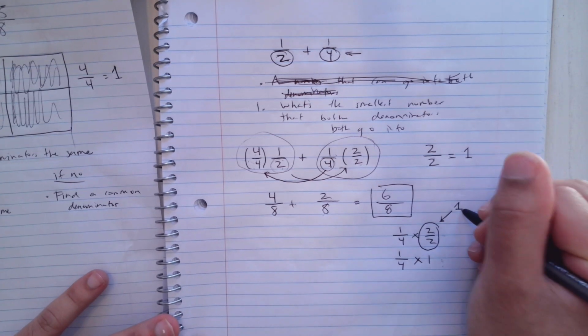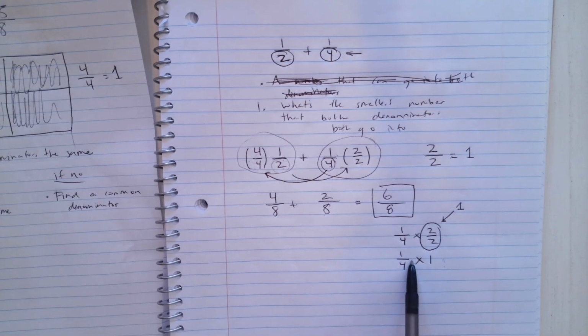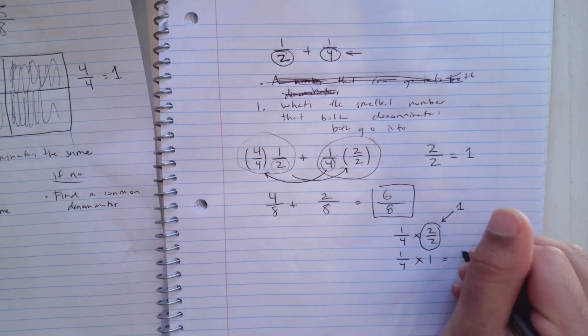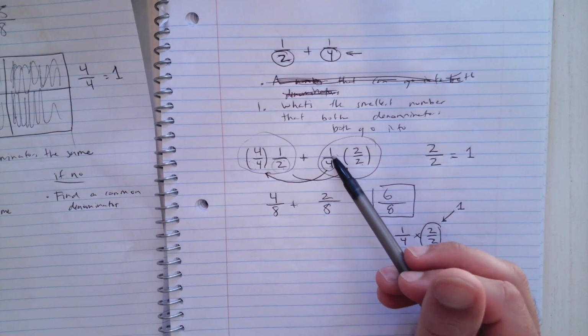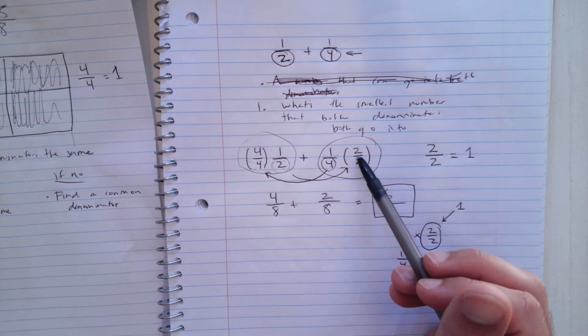Does that make sense? And what is any number times 1? Equals itself. So 1/4 times 1 is equal to itself. So did I actually change this 1/4 at all by multiplying it by 2 divided by 2?